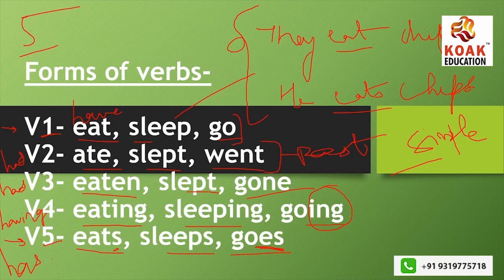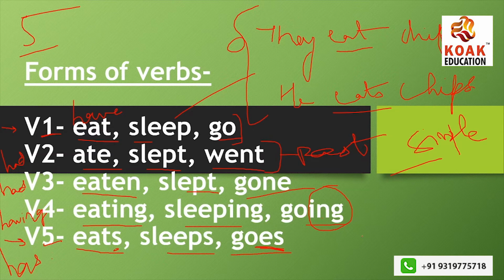So have, had, having, has. Every verb has 5 forms. You don't have to be worried about whether every verb has these forms. Yes, every verb has, so you don't have to be worried about it.